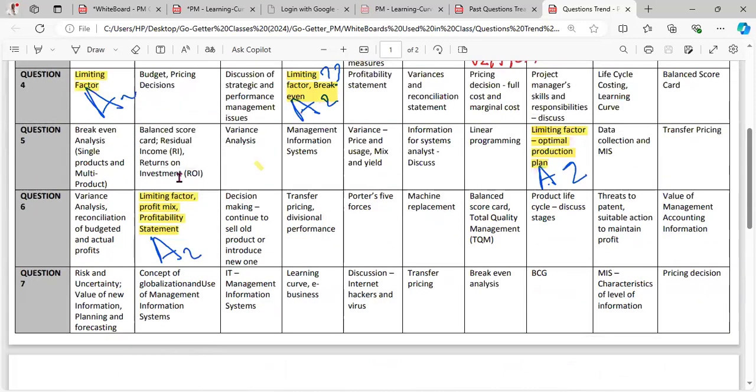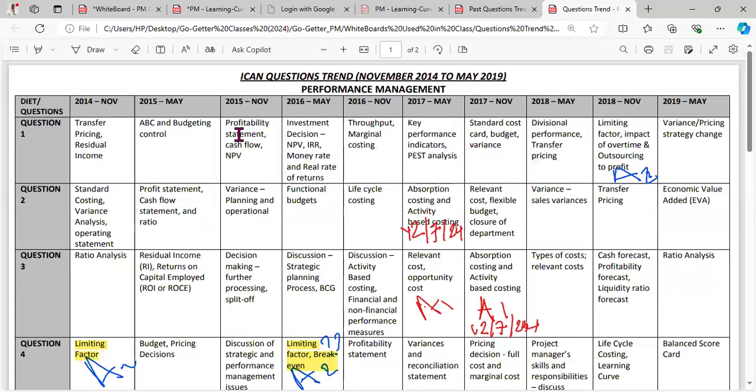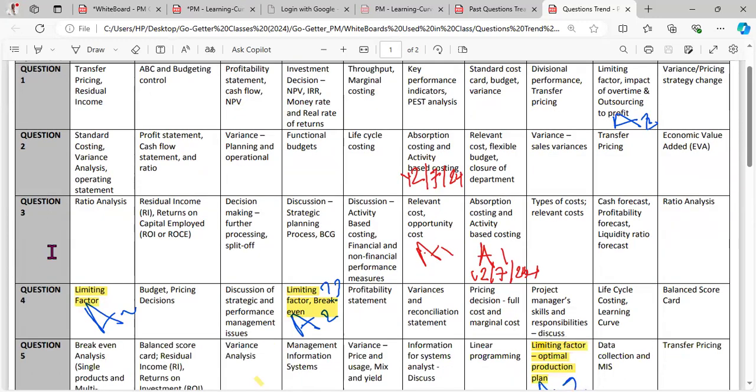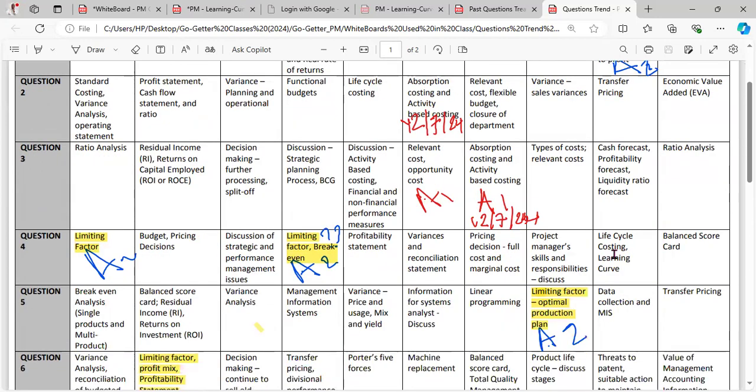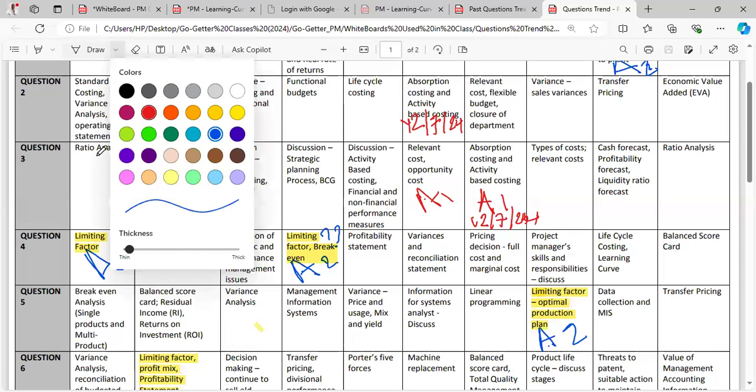Okay, so let me identify all the questions that have learning curve. Okay, so this is one of them here. Let me call this one A9.